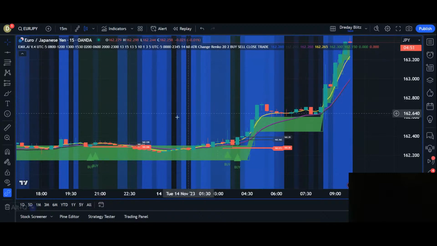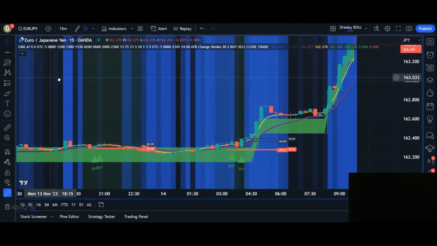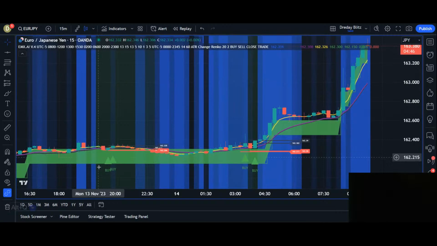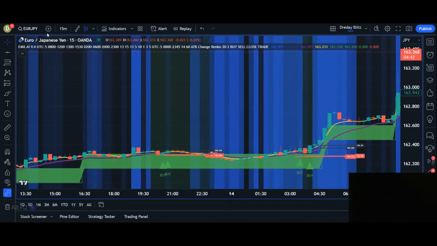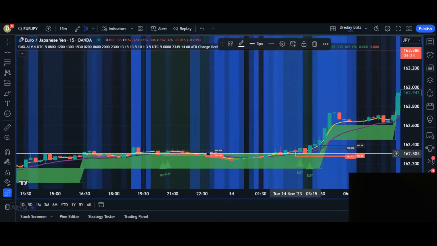Right now, it never retraced. And let's say you want to know exactly where to put your take profit. You make sure that you plot your horizontal line based off of the signal. So we're going to start with this one.